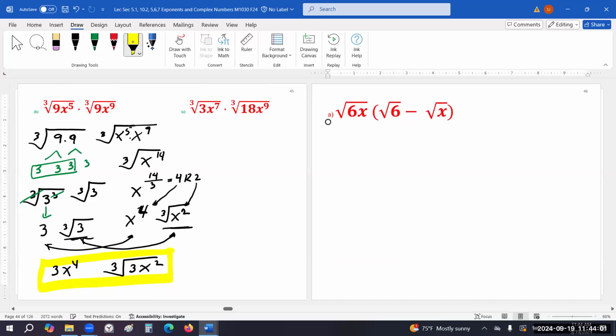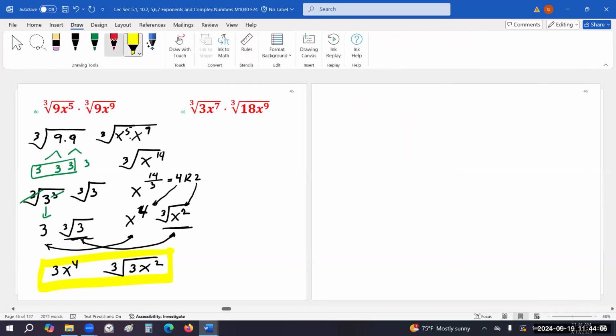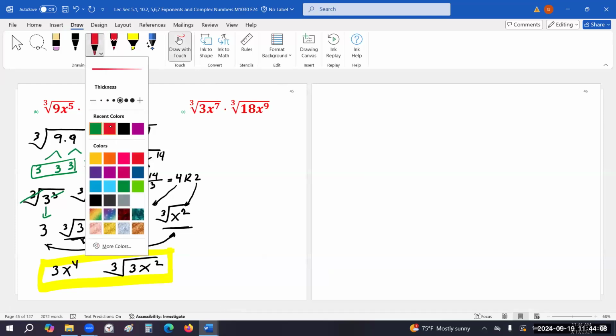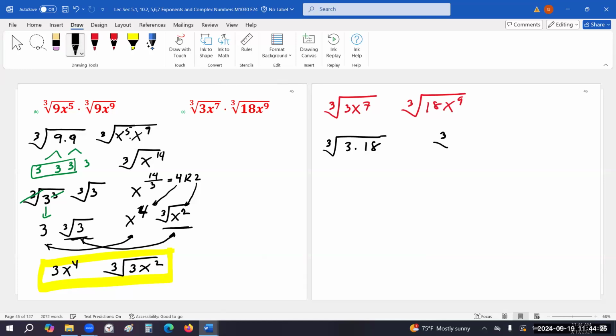Okay, let me do the next one on the right page. Cube root of 3x to the 7, cube root of 18x to the 9. Since we have numbers and variables, we separate them. X to the 7, x to the 9.